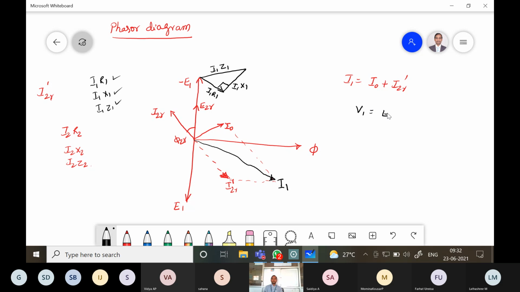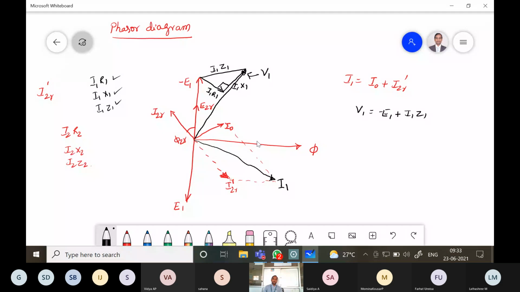V1 is equal to minus E1 plus I1 into Z1. Okay, so the combination of E1 and I1Z1 will give V1. So now join these two. This is called V1.